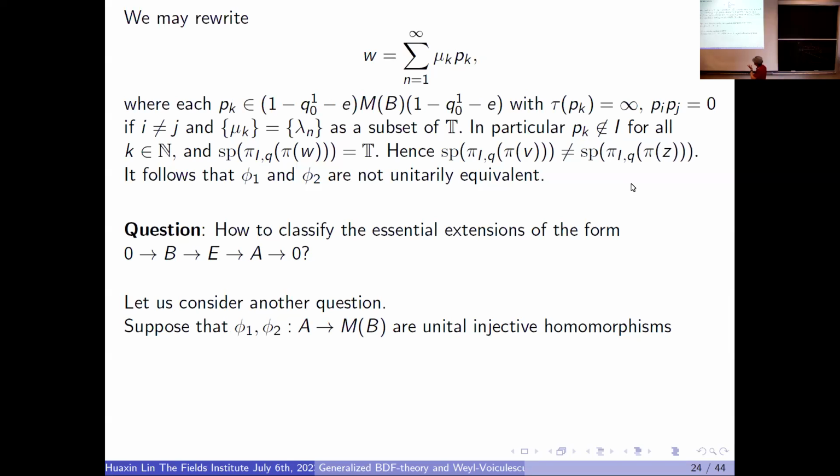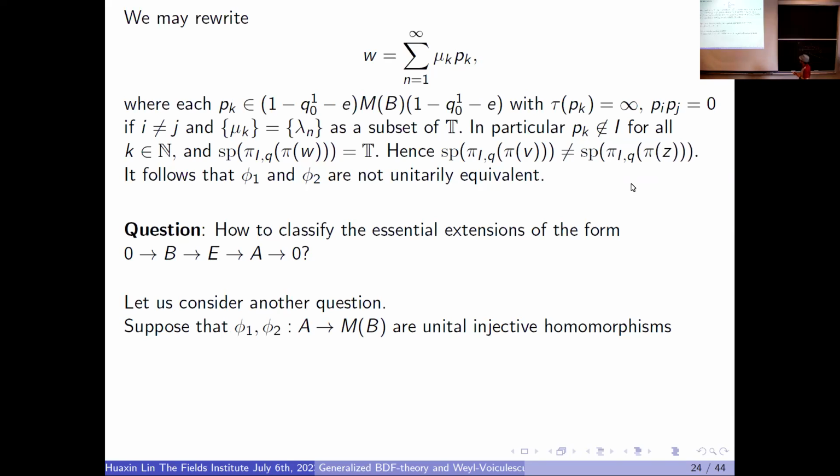But the question is still there: how to classify these essential extensions of this form. There is actually another question: if you have two trivial extensions, say you already lifted, are they actually equivalent? Do you have the Voiculescu theorem? I can build an example that shows that this is also in general not true.